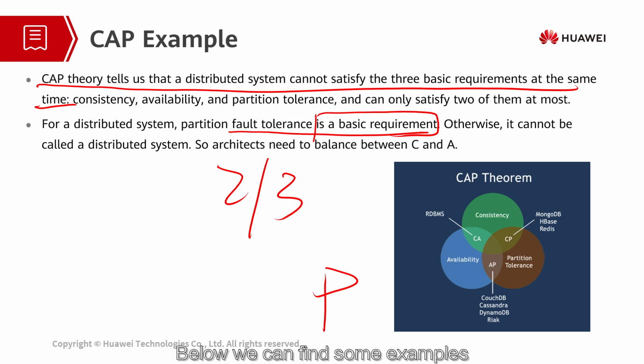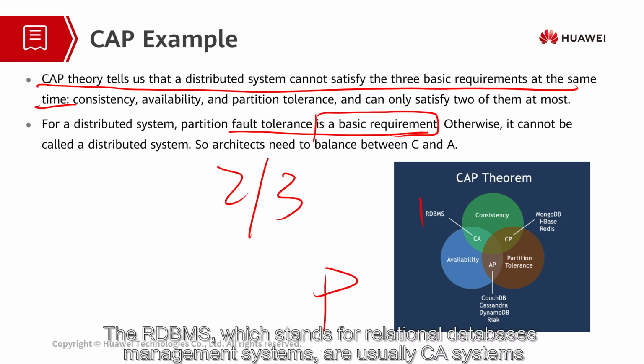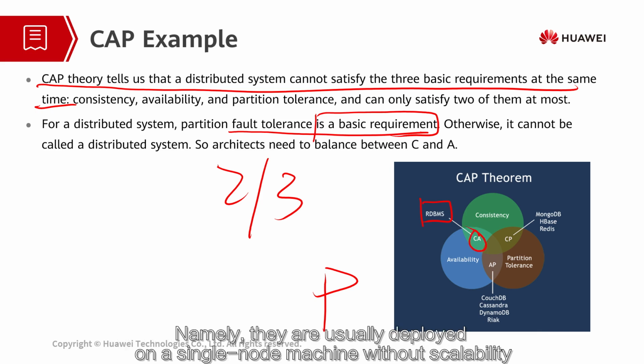Below, we can find some examples. The RDBMS, which stands for Relational Database Management Systems, are usually CA systems. Namely, they are usually developed on a single node machine without scalability.